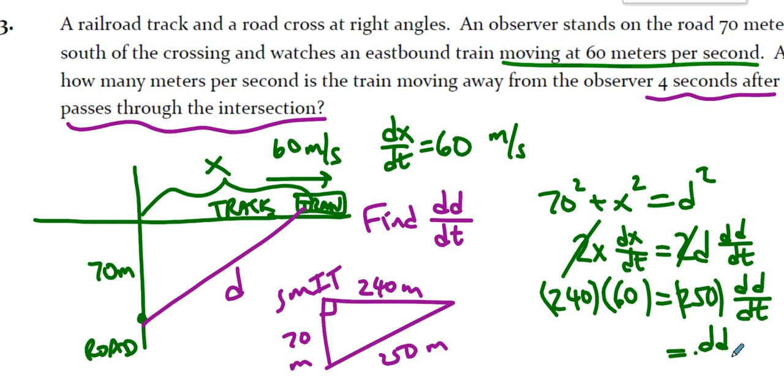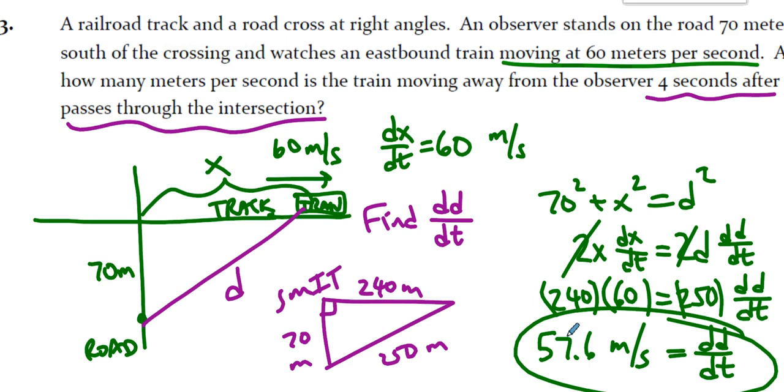So we can get dd/dt by itself by doing a little bit of algebra, and it turns out that that's your speed. That's the rate of change of the distance of the train from the person 4 seconds after it passes through the intersection.